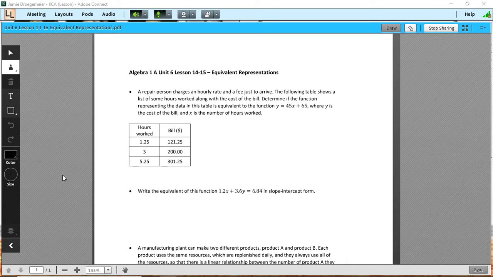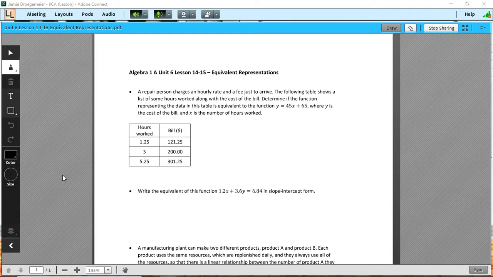Today we're looking at Unit 6, Lessons 14 and 15, Equivalent Representations. So basically what we're doing in this lesson is seeing if we can determine whether two different representations of a linear function are equivalent. If we jump into this first example, it says that a repair person charges an hourly rate and a fee just to arrive.